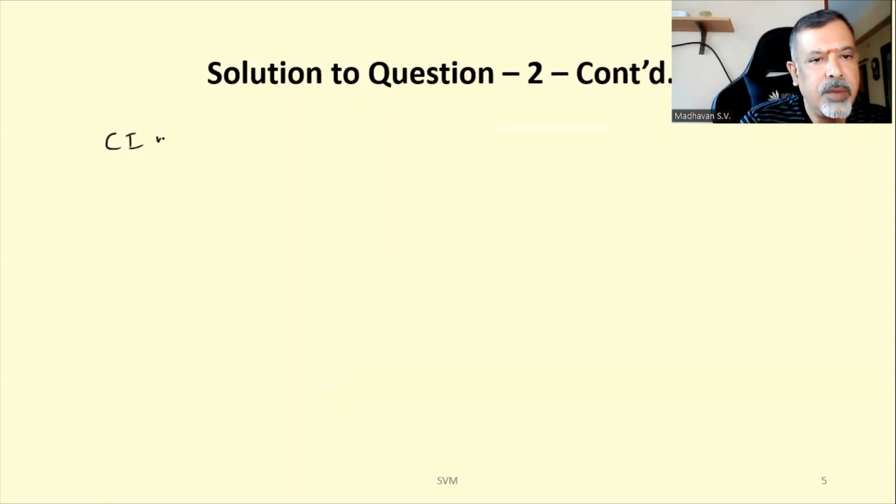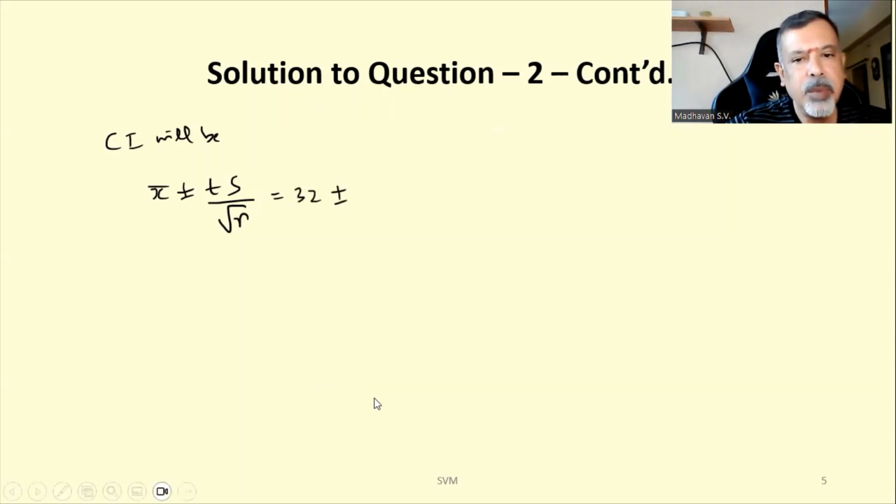Our confidence interval will be x bar plus or minus t times s divided by root of n. Here x bar we calculated as 32 plus or minus the t table value.